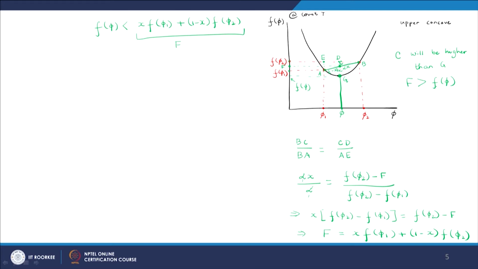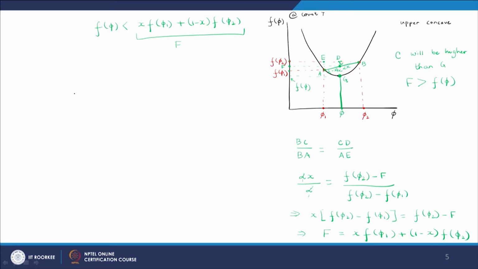Okay. So, if the graph has an upper concave shape, we always have this relation that the function value is less than this. Now, you can think of any particular value of x, it does not really matter what x we choose. We always have this thing that if I connect the 2 points by a line, the function value will always be below that particular line, okay, as long as the graph is upper concave.